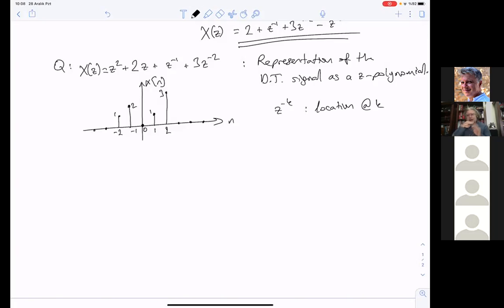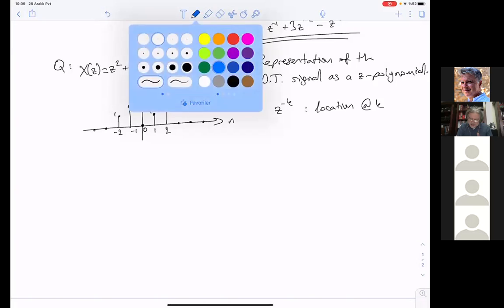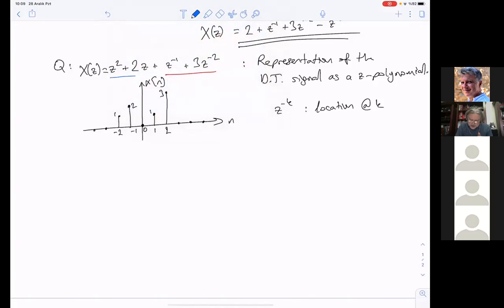So the positive n values are notated by these negative z powers. So for n is equal to 1 and n is equal to 2, for instance, this is what we have. And when z powers are positive, like z squared, z cubed, z to the 4, z to the 5, etc., they correspond to locations at n is equal to -1, n is equal to -2, -3, -4.